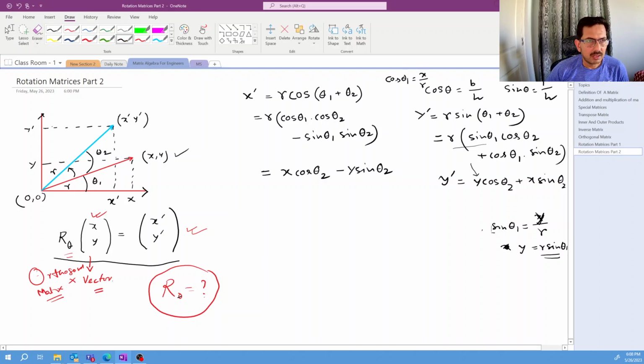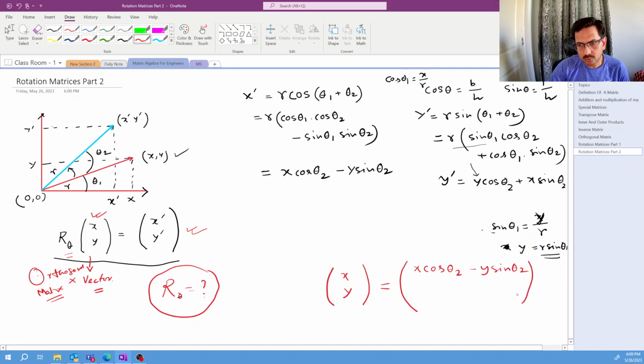Okay, so let's change the color. So this is x, y, and you found these things. X dash is x cos theta 2 minus y sine theta 2, y dash is y cos theta 2 plus x sine theta 2. So then what will be the value of this r theta?